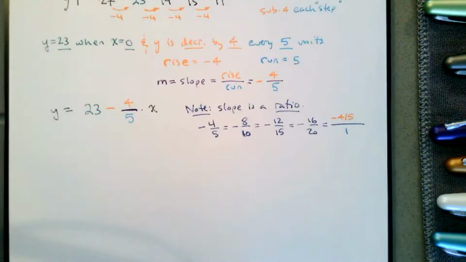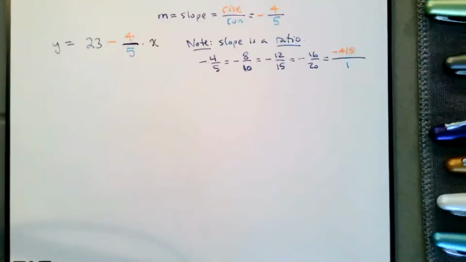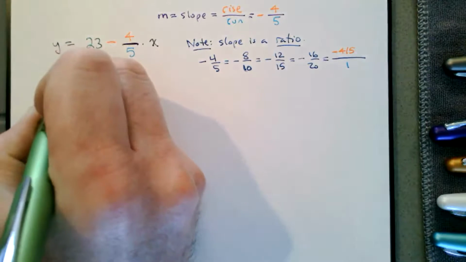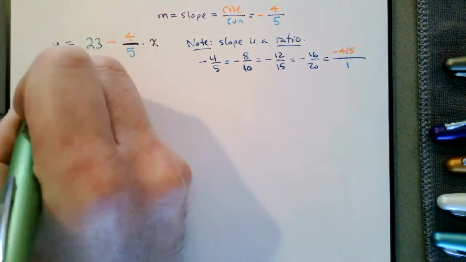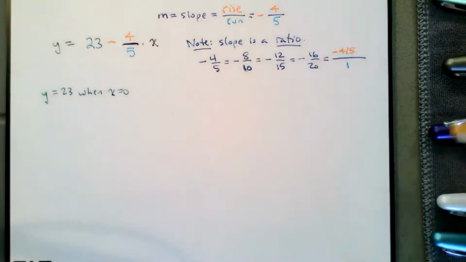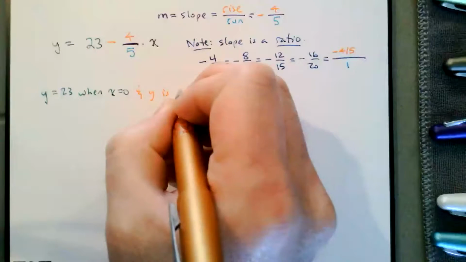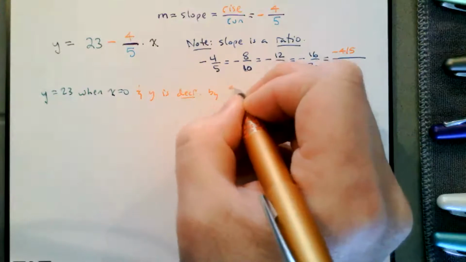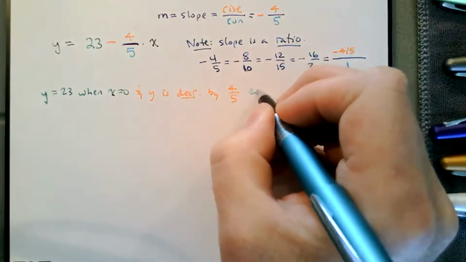So reading this, ignoring that table, ignoring this sentence, and just going with the slope of negative 4/5, we might write y equals 23 when x equals 0. But we might write a different set of changes. We'll say something like y is decreasing by 4/5 every 1 unit.